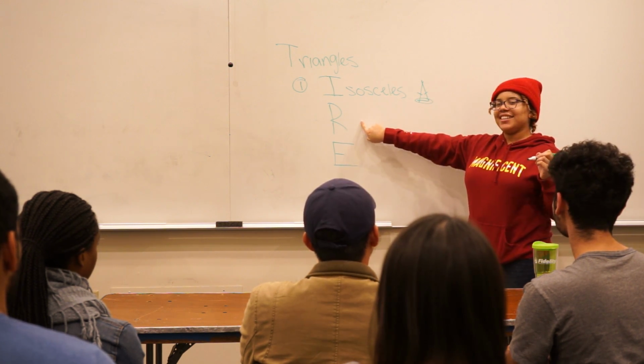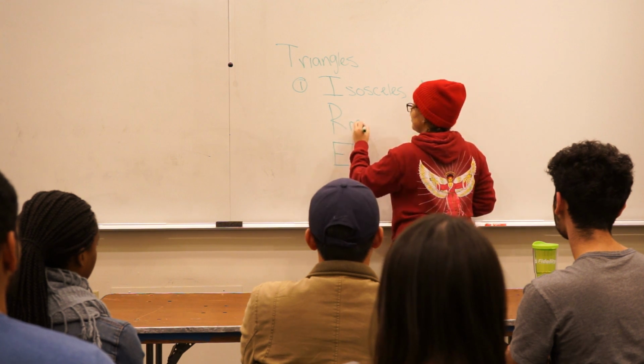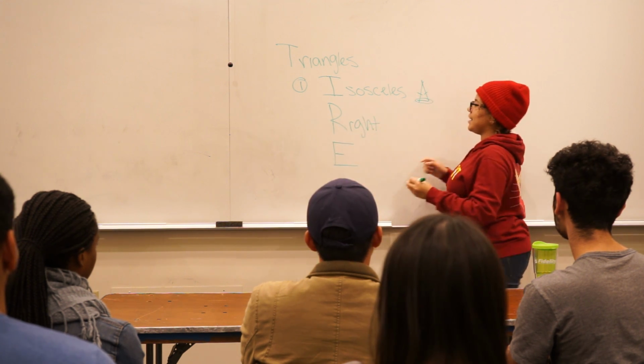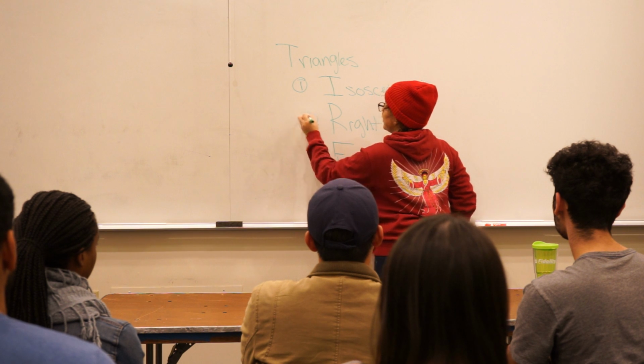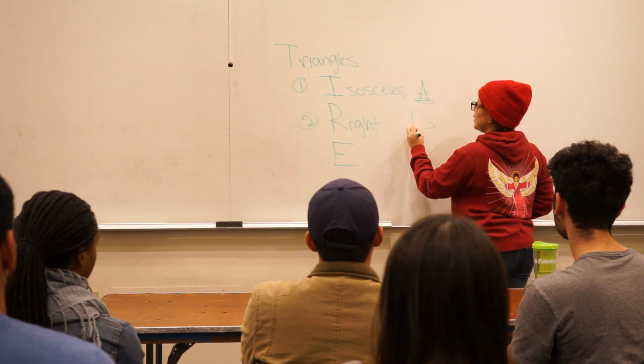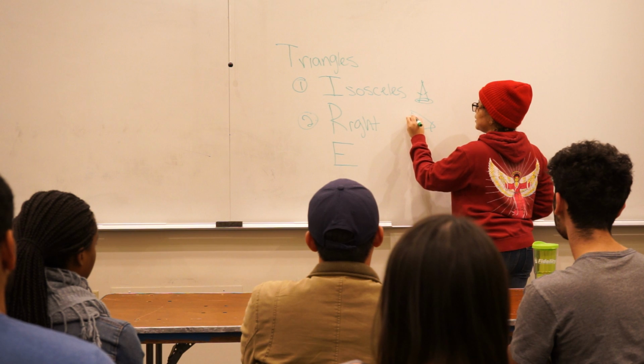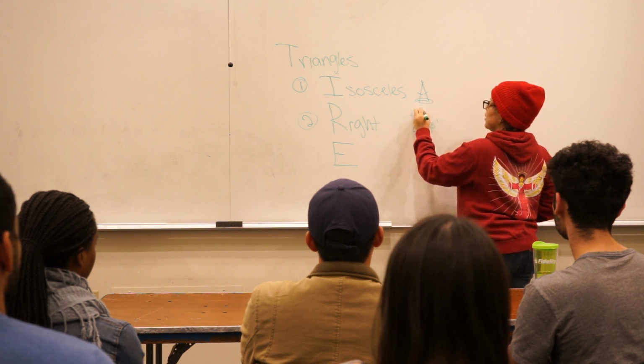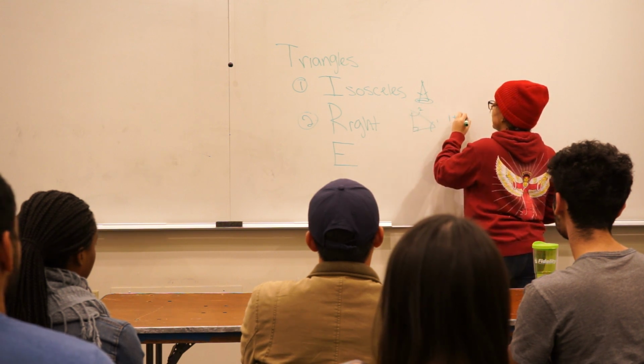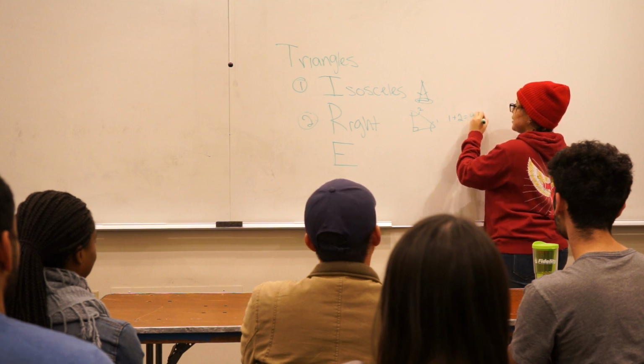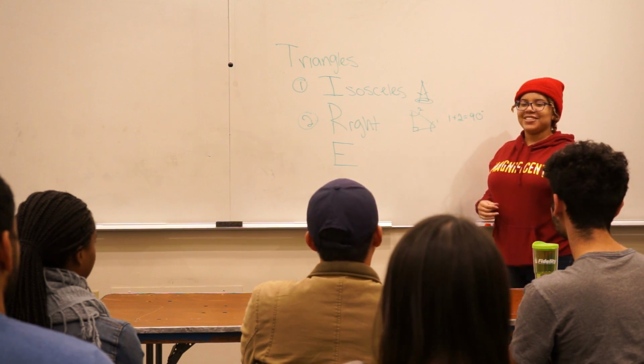Now R stands for right. It is the second letter because the 2 angles, this one and that one, both add up to 90 degrees. Great.